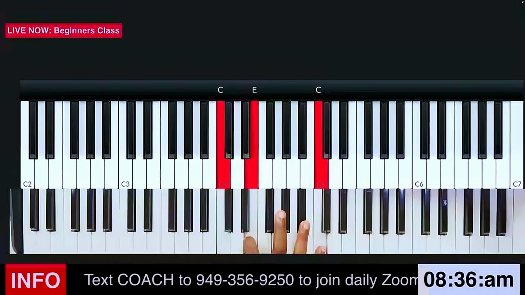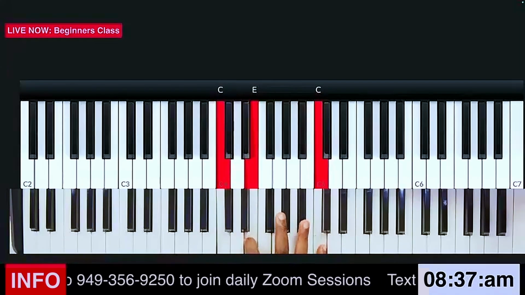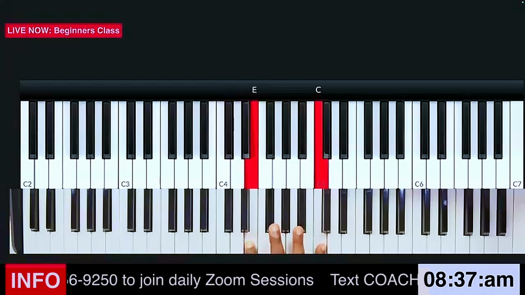Who can tell me if C to E is a third? What is E to C? A sixth. Let's count the alphabet letters: E, F, G, A, B, and C. Thirds become sixths.